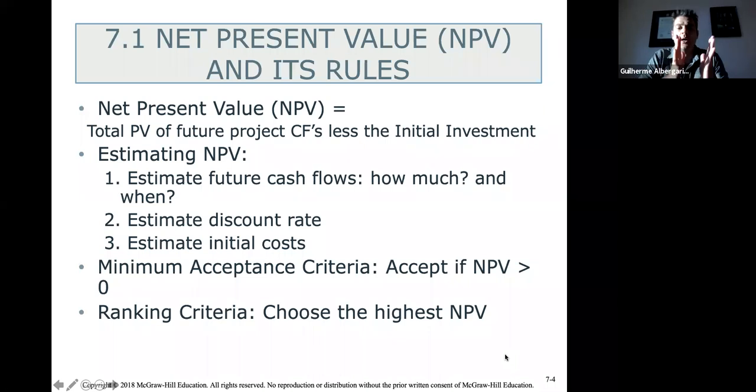So how should you then use NPV? Well, you will always accept a project that has a positive NPV. Why? Because if you bring all the cash inflows and all the cash outflows to today's dollars, present value, and that amount is positive, that means that same amount is increasing my business value by that exact amount.